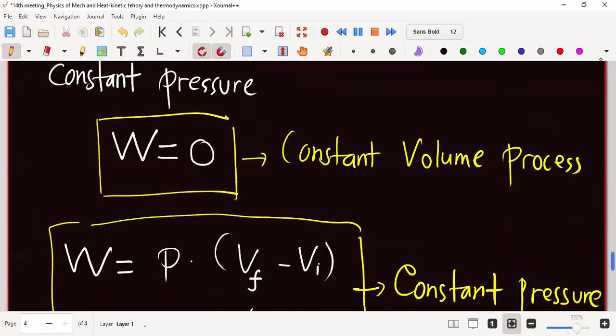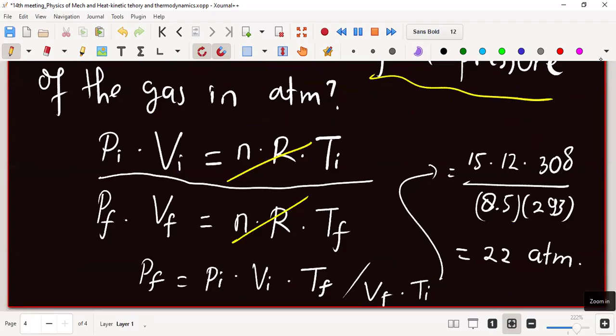Okay, if there is no question, we will continue to pressure, temperature, and root mean square speed, which we already discussed last week.